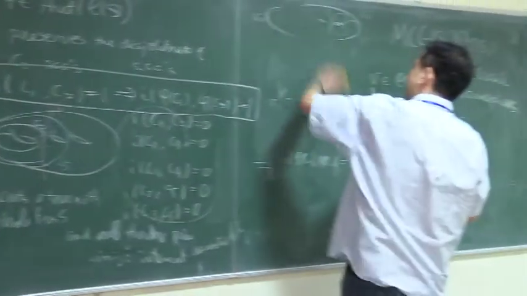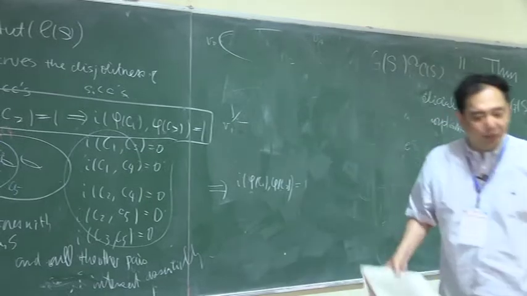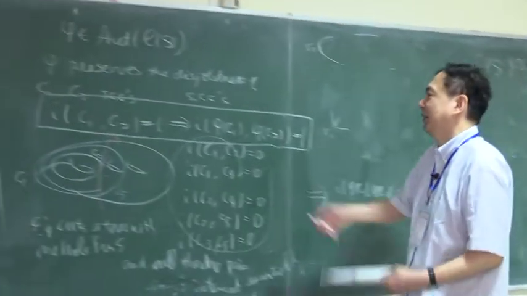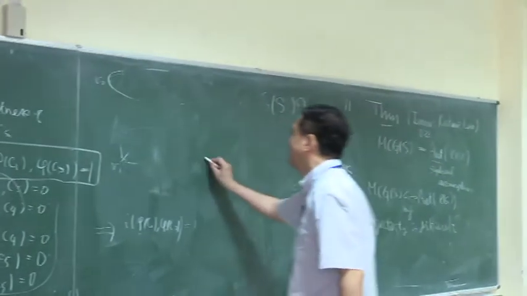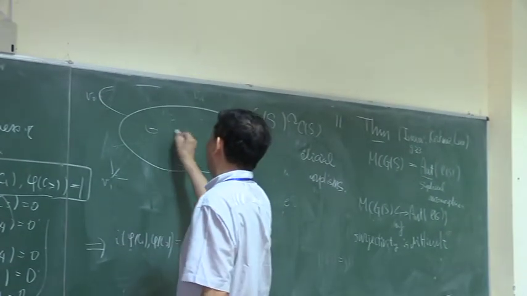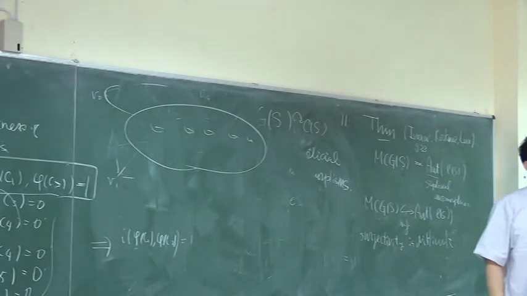Now, if the condition of disjointness and intersection number 1 is preserved by phi, then it's easy to show that it's induced from a mapping class.